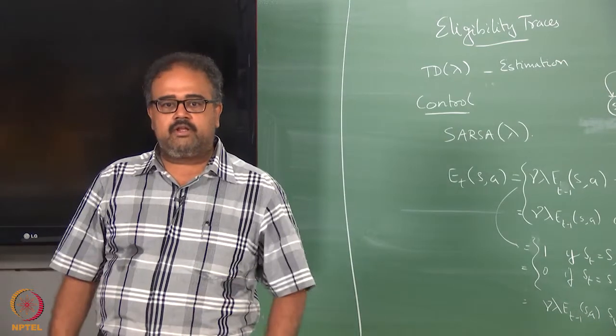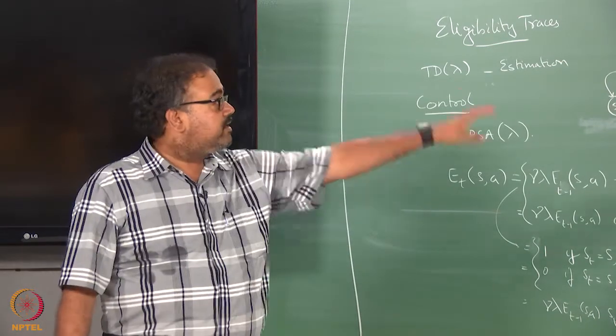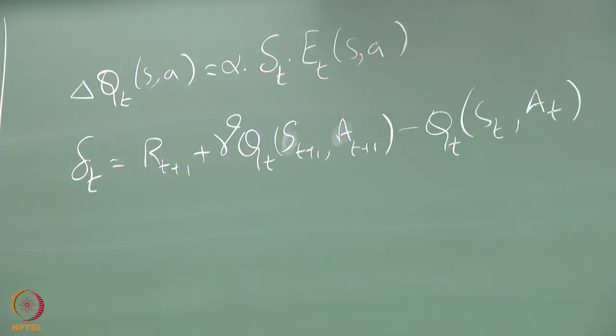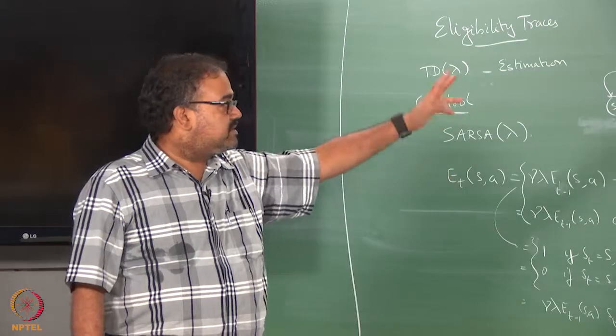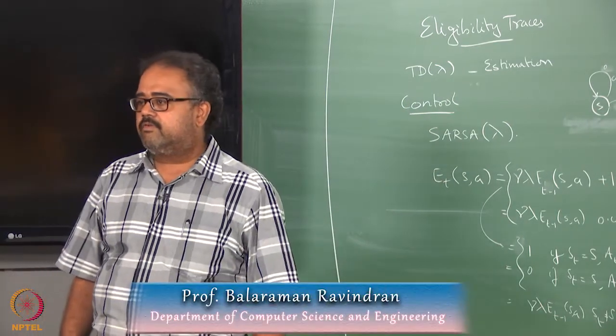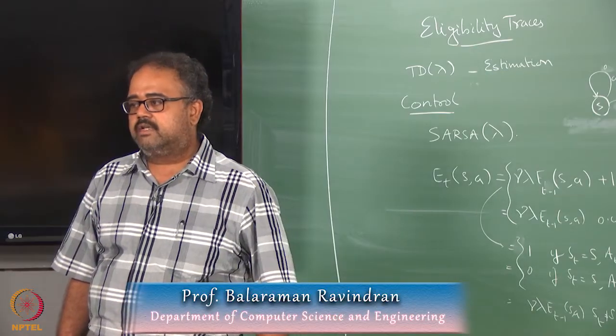Almost everywhere I wrote V of s, I have written Q of s comma a. This I have just done the backward view. The forward view you can likewise very easily write down for Sarsa lambda.